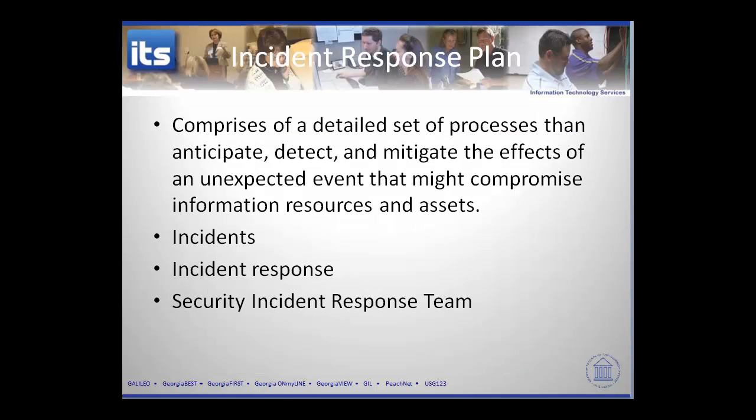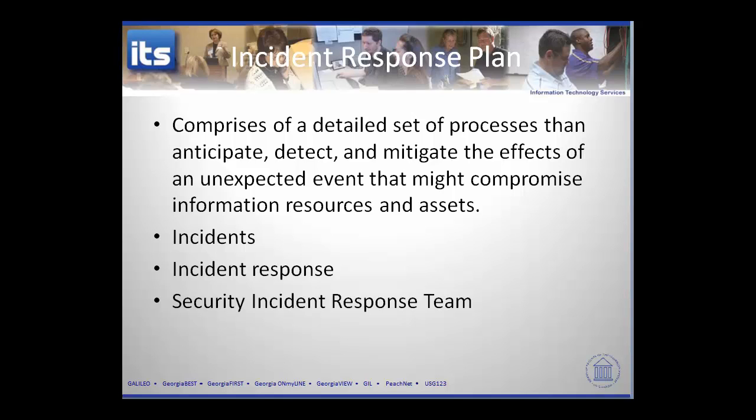When you look at that, you're going to have some set of processes where you're looking at an unexpected event, that incident occurring. It may compromise the availability, integrity, or confidentiality of your information. And then what are you going to do to anticipate, detect, and mitigate the effects of those?